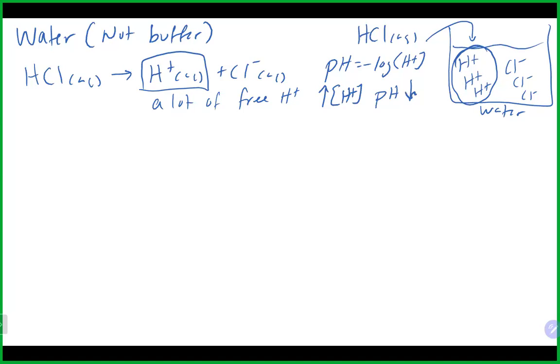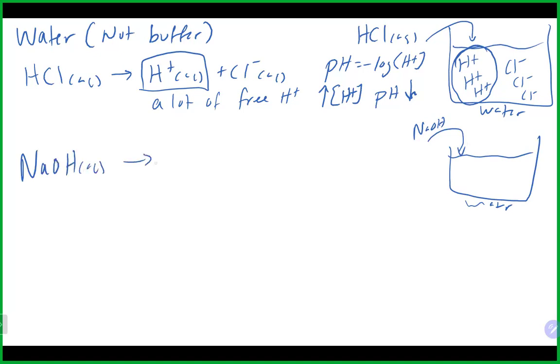Now, if we take our same water here and we add a strong base to it, like sodium hydroxide, it will also 100% break apart into sodium ions and hydroxide ions, which means in solution, you'll have a bunch of sodium ions, which is not going to do much to the pH. But what's really going to affect it is you now made a bunch of hydroxide ions really quickly.